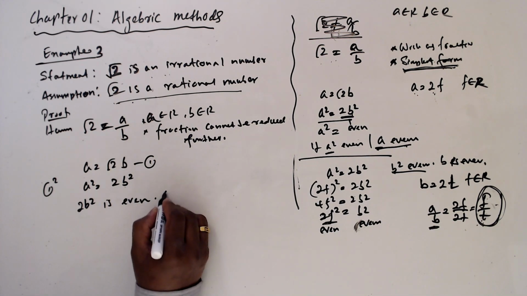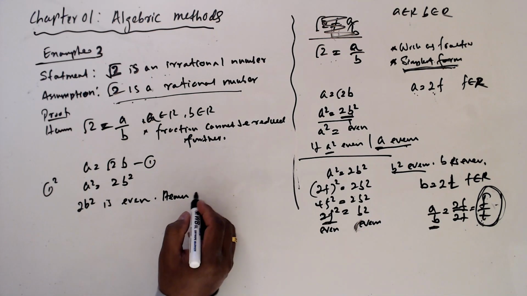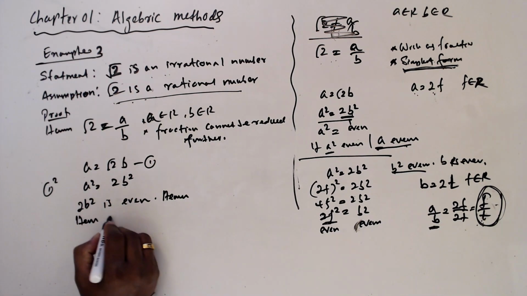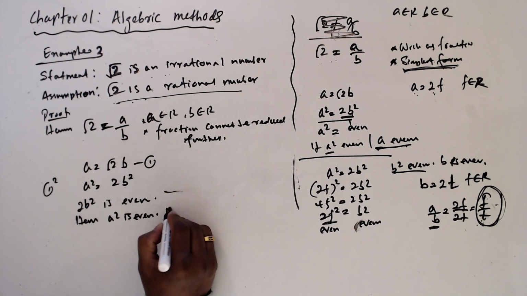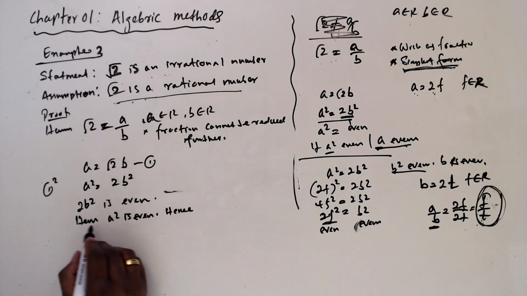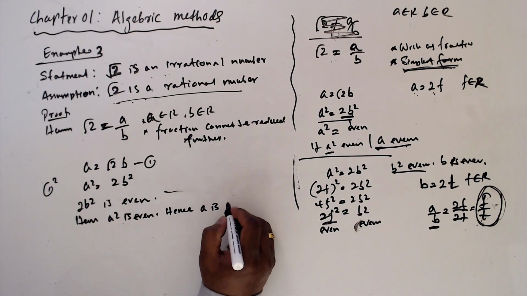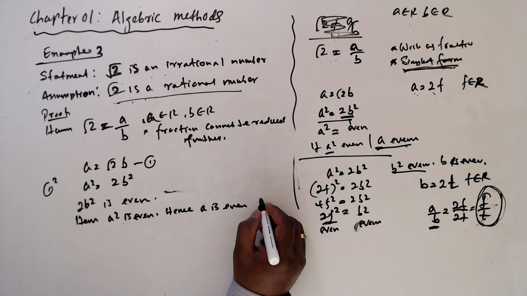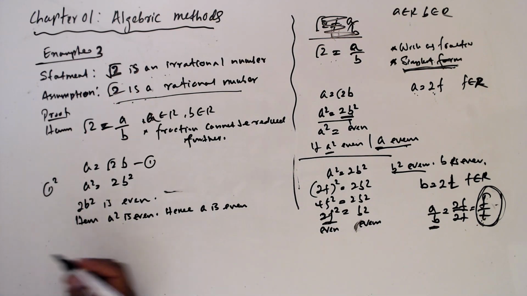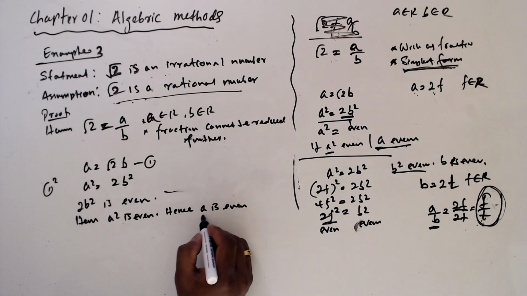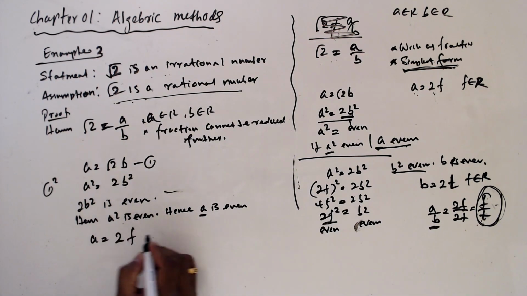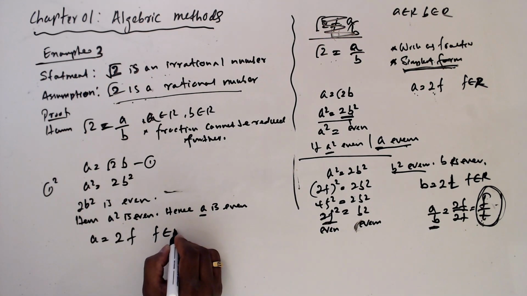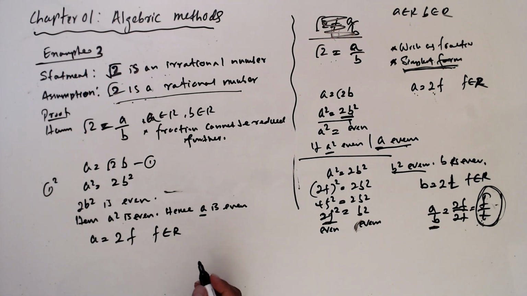Hence a square is even, right? Hence we can tell that if a square is even, a is even, from example 2. Now we know that a is a multiple of 2. So I'll write a equal to 2f, f an element of real numbers again. Now I wrote a as 2f.